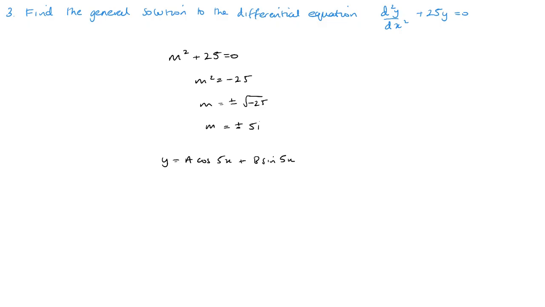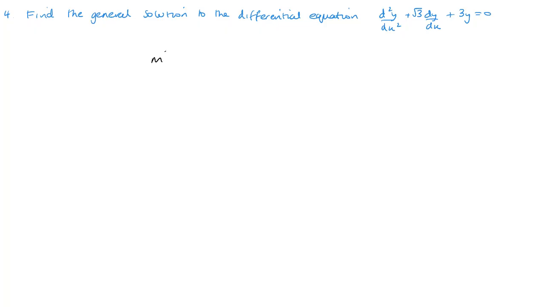Right, let's move on to the fourth one. So we've got m squared plus root 3m plus 3 equals 0. As you probably guessed by now, this is going to be another complex number, a real and complex number. If we just check b squared minus 4ac, we've got b squared is 3, minus 4 times 1 times 3. That's going to be 3 minus 12, which is minus 9.